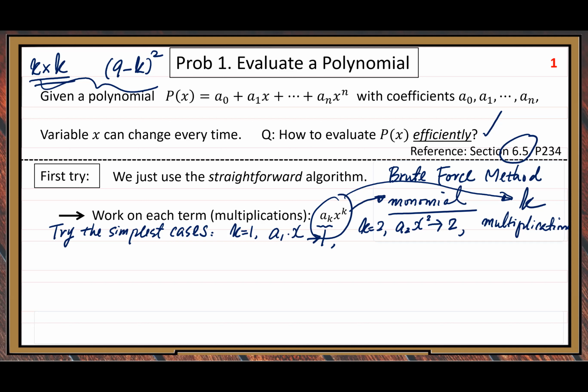So are we not counting A0 when we do our multiplications? Wouldn't that make it k plus 1? Wouldn't that be 2? All right, good question. Yeah, A0, the first term, we do not need to do multiplication, right? Although officially, A0 times x to the 0th power, and x to the 0 is 1.